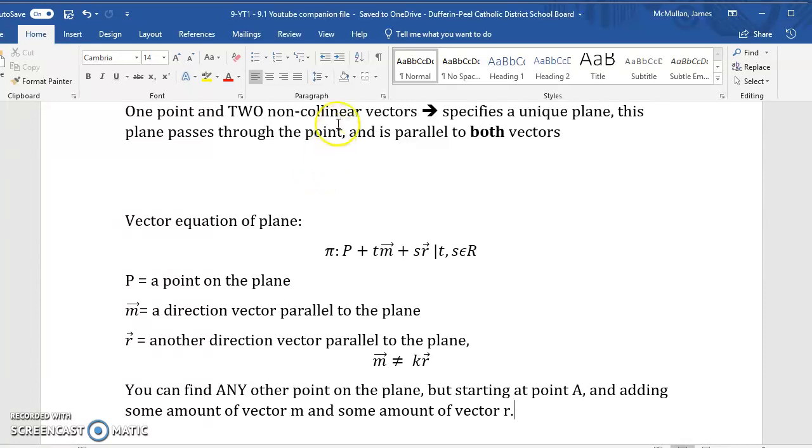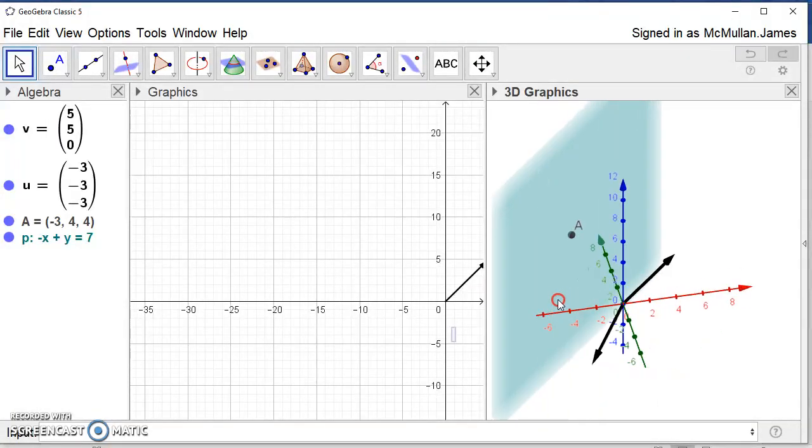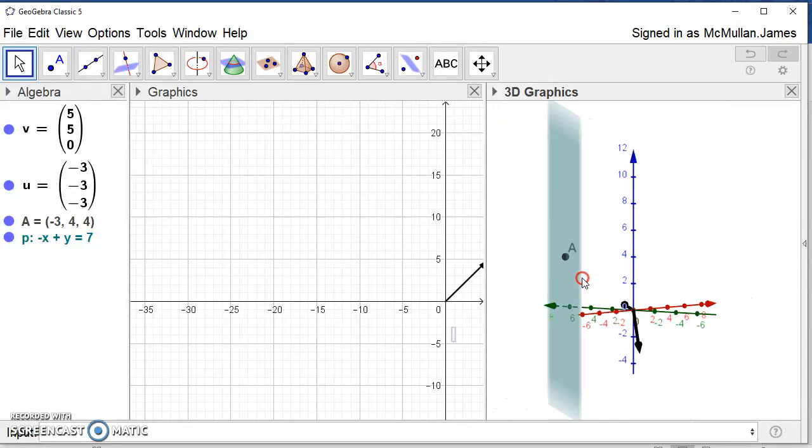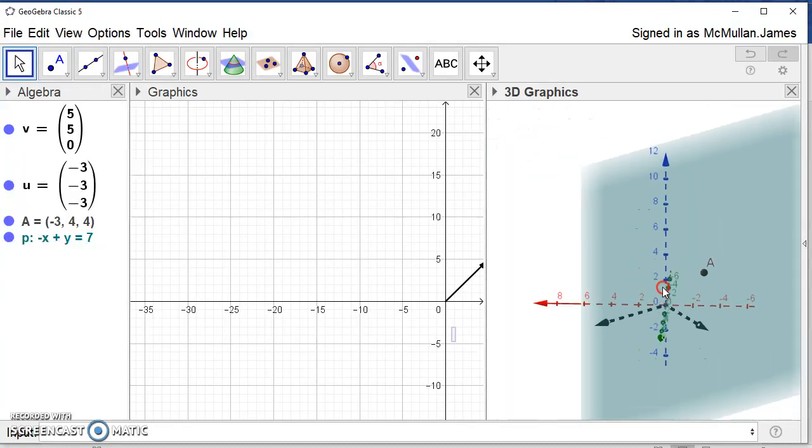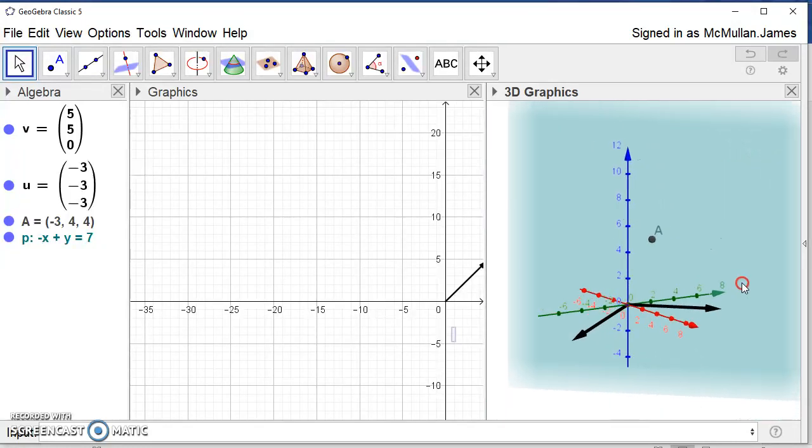If you start at a known location, sorry, I said point A, I should change that to point P just to be consistent here. If you start at a known location and move some amount in vector M and some amount in vector R, you have to be able to get to anywhere else on that plane. Any other location on the plane can be expressed using some combination of the two vectors.